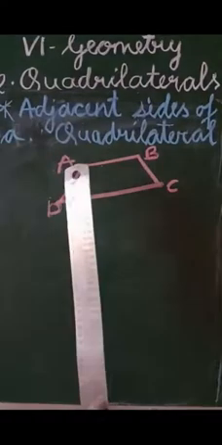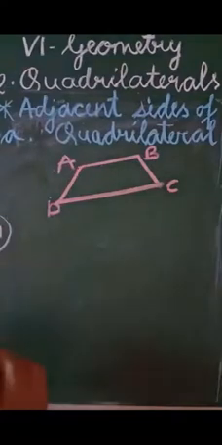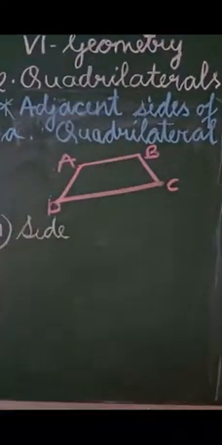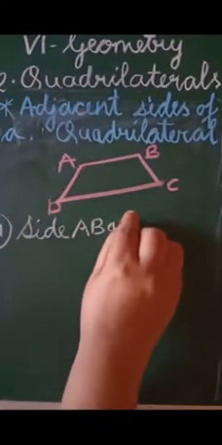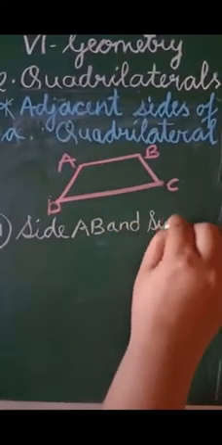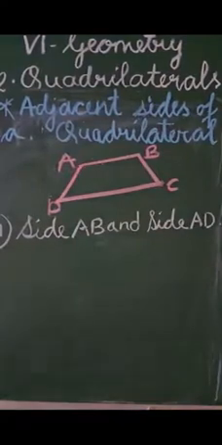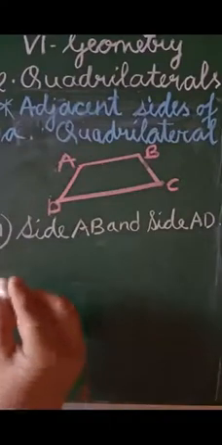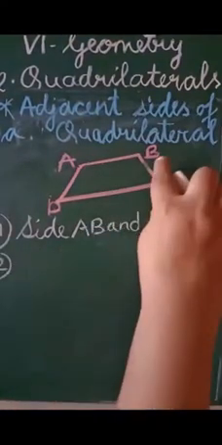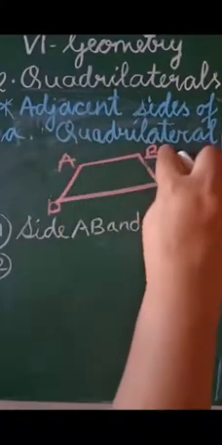Now I will take vertex A. From vertex A, which 2 sides are we getting? We are getting side AB and side AD. Now we'll go to vertex B. From B again we are having 2 sides, side BA and side BC.